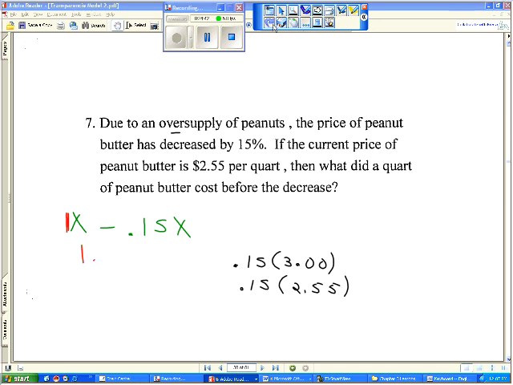So we have 1.00x minus 0.85x. To subtract those, we're combining like terms. We had to subtract the coefficients, 1 minus 0.15, and we had to align our decimals and then subtract. That was 0.15, right? And then it came out to be 0.85. But there's where that dollar was an understood 1 by multiplicative identity.